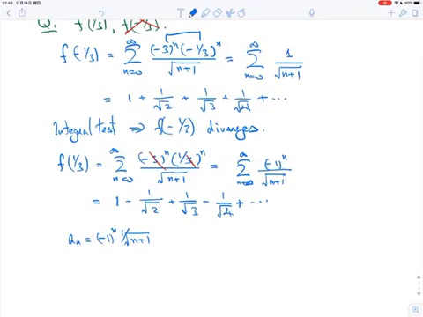Then as you can see, the alternating series test is going to assert that this series actually converges.